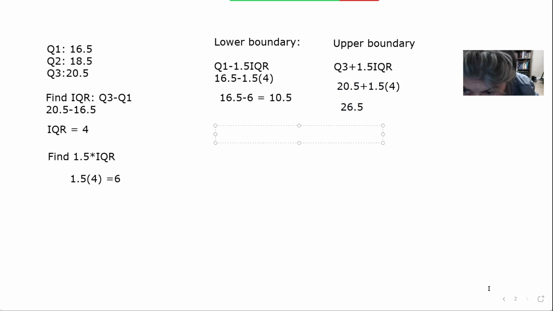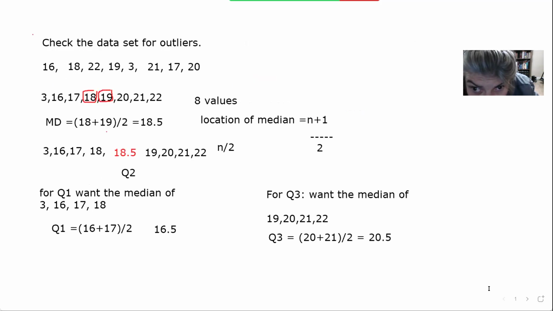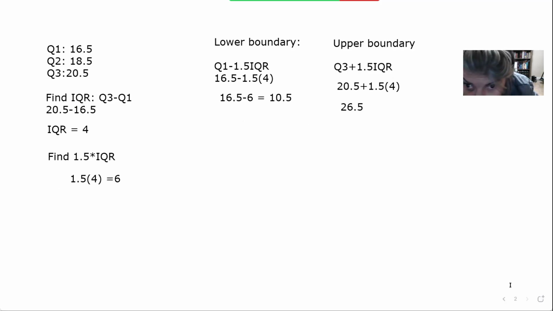So if we go back to the original data here, where I sorted it, without the median in there, here's my data set: 3, 16, 17, 18, 19, 20, 21, and 22, right?